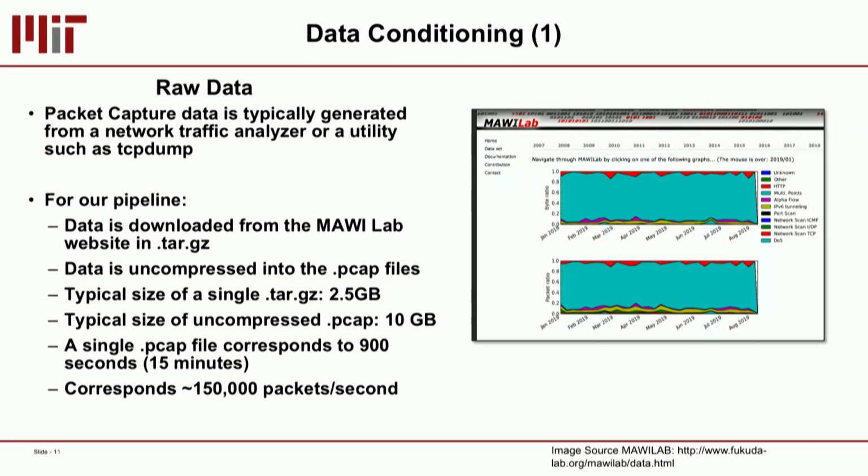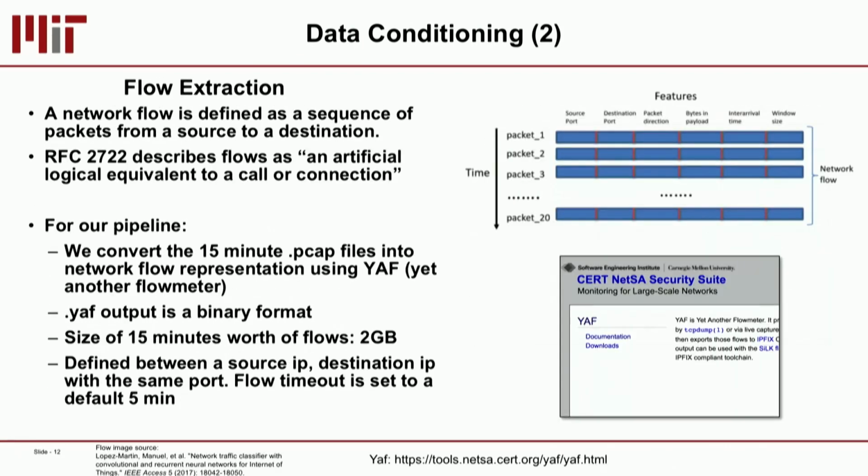So if you're trying to do multiple days, you can imagine how this starts to explode in terms of volume. About 15 minutes, on average, corresponds to about 150,000 packets per second. So this is a reasonable amount of network traffic that we're getting our hands on, but not even close to the types of volume that large-scale providers have to deal with on a regular basis.